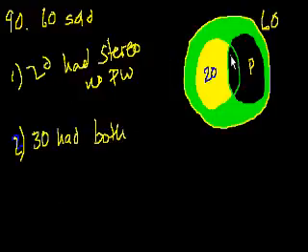So that tells us that this range right here, let me do it in another tacky color, that's how many had power windows and stereos. So that is 30. I know that you can't see that. 30. Okay.